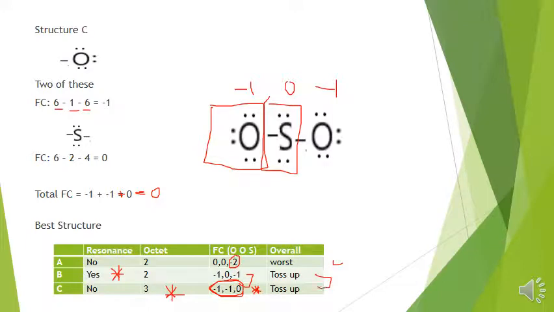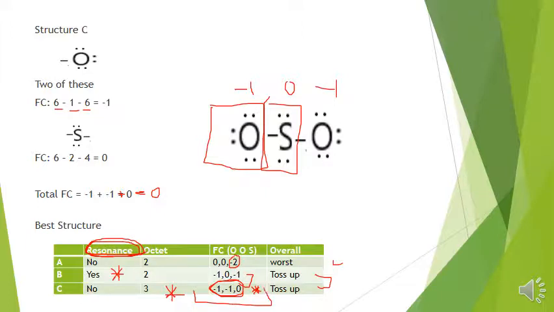Resonance is a really powerful thing to determine structure, but the fact that it has an extra octet, and the charges are distributed kind of like how they should be, where the negative charges are on the most electronegative atom, suggests that it could be this structure here as well.